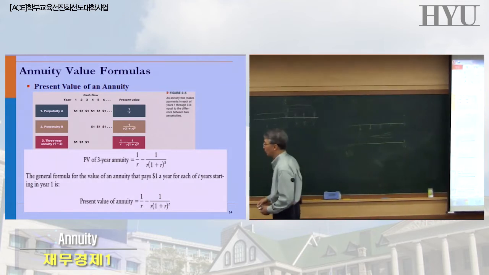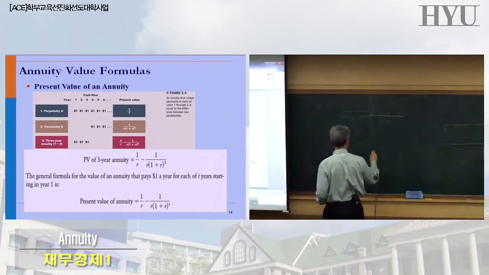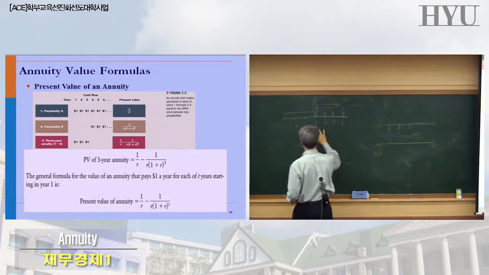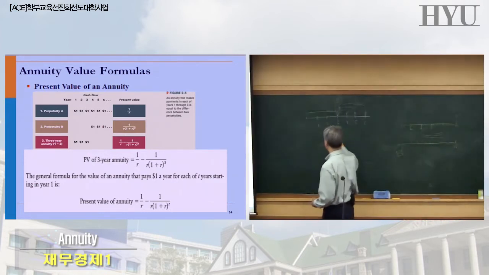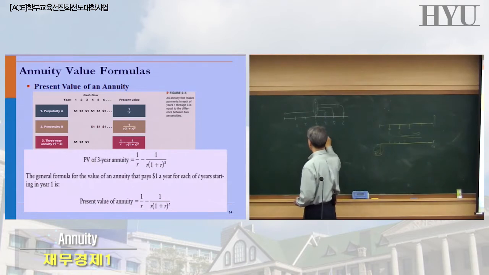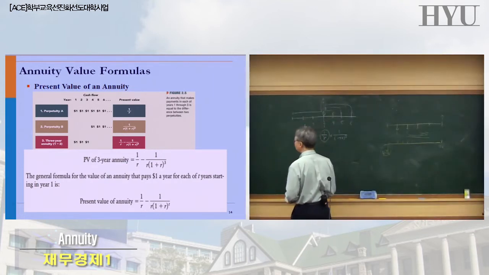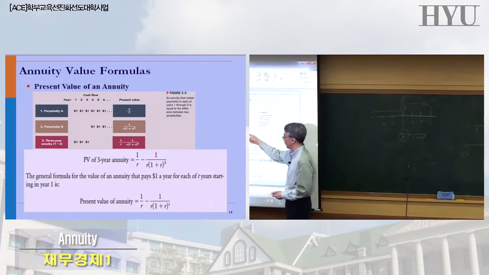That's what we are doing here. We know the value of the first perpetuity is 1 over R at this point, so we multiply it by 1 over 1 plus R cubed. So we discounted this by 3 more years.